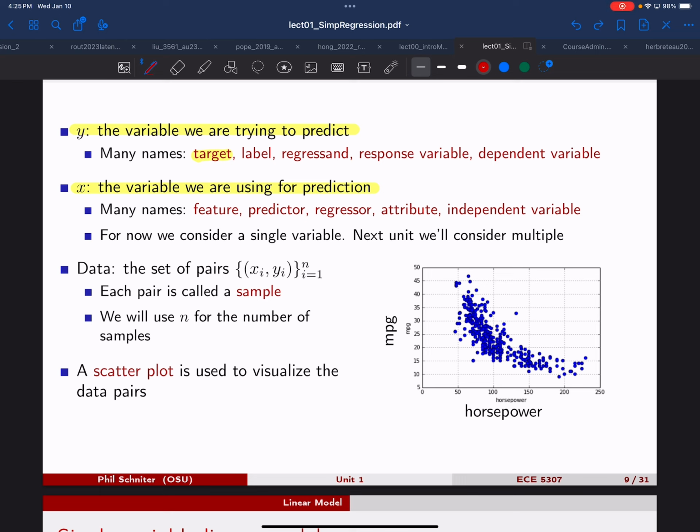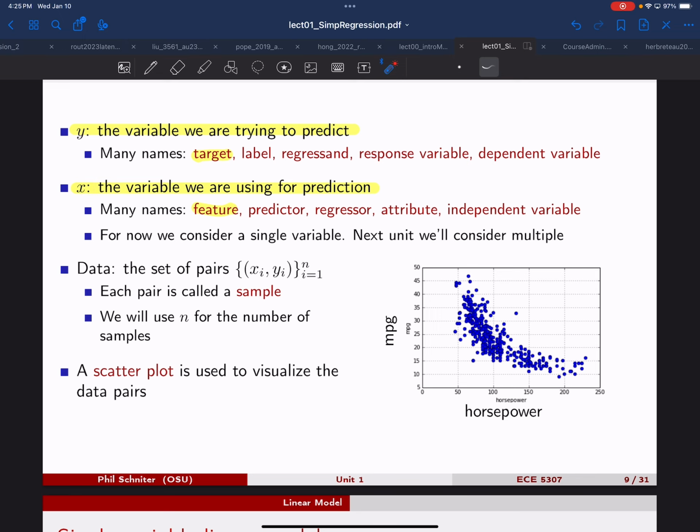The term I'm going to use for the thing we're using for prediction is feature. So I will typically refer to x as the feature and y as the target. In this very first unit, we're starting as simple as possible, so we're going to use only one quantity for prediction.